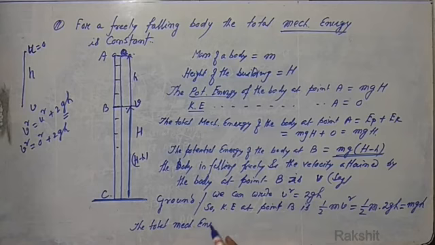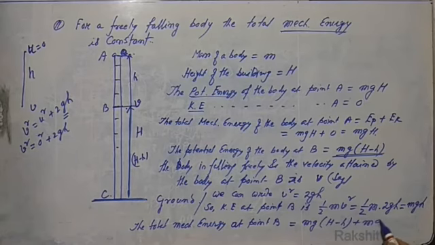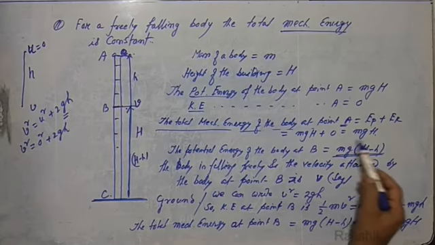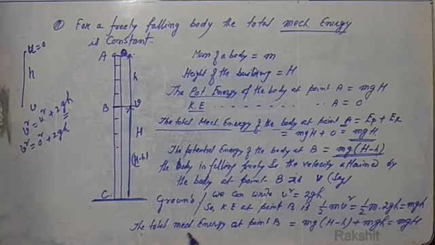mechanical energy is equal to potential energy plus kinetic energy at point B, is equal to mg(H minus h) plus mgh, and it is equal to mgH. The total mechanical energy of the body at point A was mgH, and the total mechanical energy at point B is also equal to mgH.